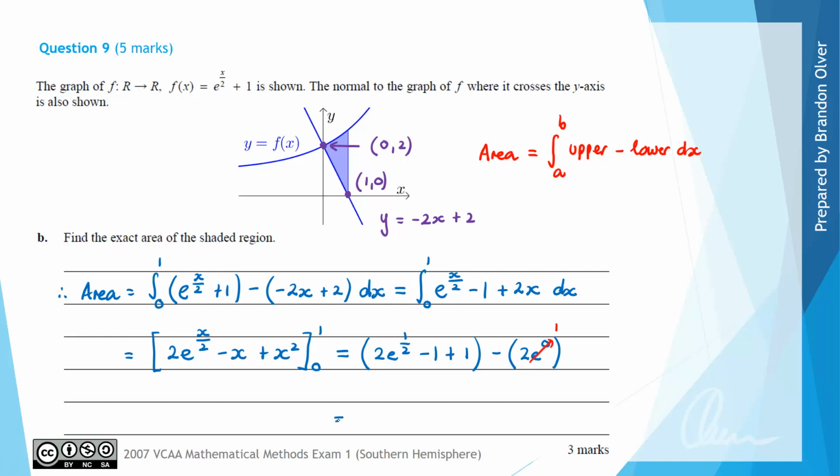So the area is equal to 2e to the power of a half, minus 1 plus 1 is 0, and then minus 2 times 1 is minus 2. So that is the value for the area bounded by the curve and the normal between 0 and 1, which is the shaded region on the diagram above.